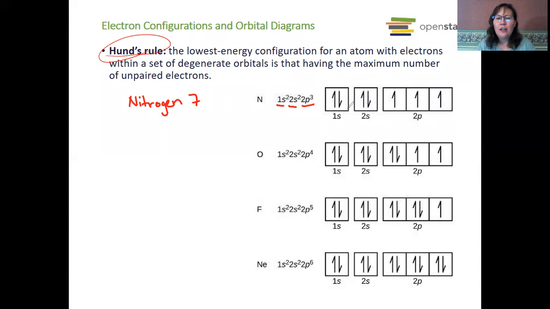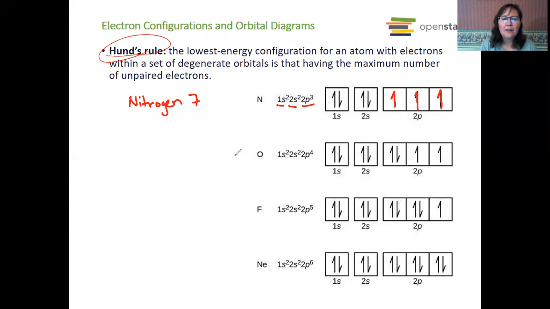And so you fill in your 1s2, and then you fill in your 2s2, and then you come to your p block. And within your p block, you have 3 p orbitals that are all exactly the same. So imagine that this is sort of like kids picking rooms. If you have 3 kids and 3 bedrooms, they are probably not going to choose to share. They're probably each going to choose their own, and your electrons are sort of like that. So then when you get there, we put them in, so 1, 2, 3, 4, 5, 6, 7.